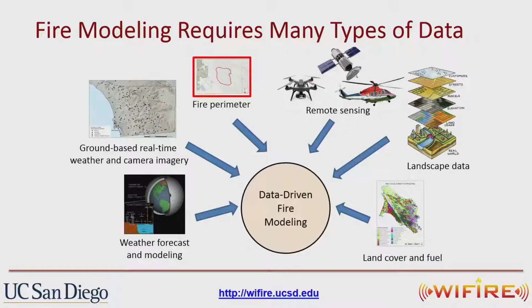As you heard all day, fire modeling requires different types of data, and this data comes together in what we call data-driven modeling. So that data-drivenness and the dynamic behavior of the fire is actually something that we can now use technology to capitalize on and bring science to use data in a way that we can advance science.